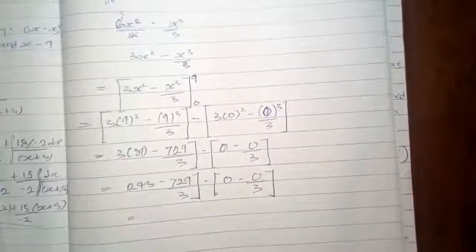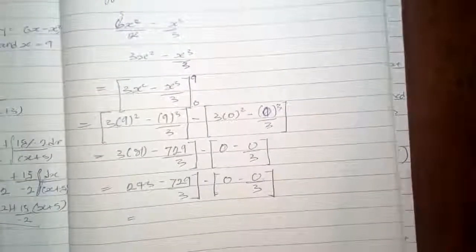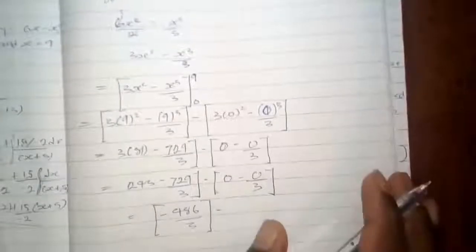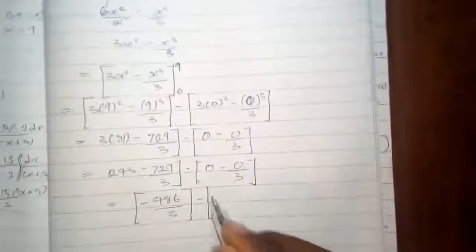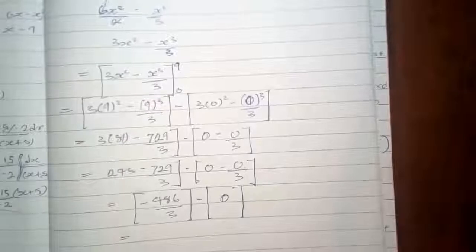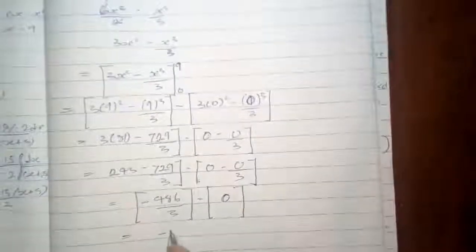So this will be equal to minus 486 over 3, all in brackets, minus all of this will give you 0. This will be equal to minus 162 minus 0. This equals minus 162.